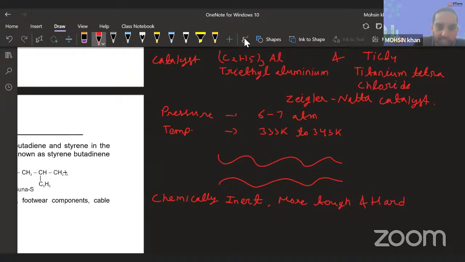The uses are in the manufacturing of buckets, dustbins, pipes, etc. So these are the uses of the high density polythene.